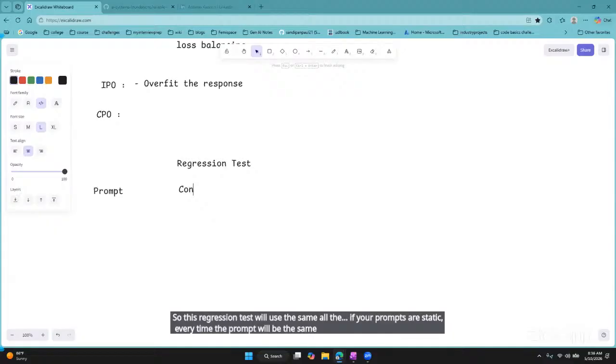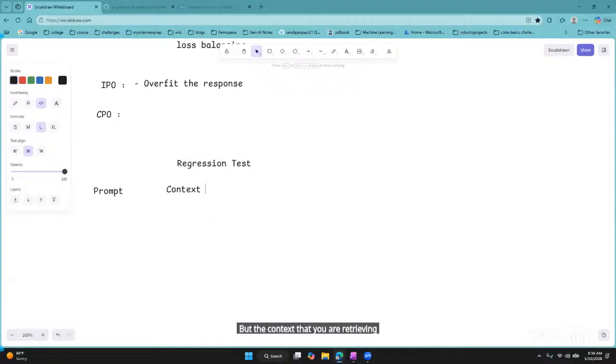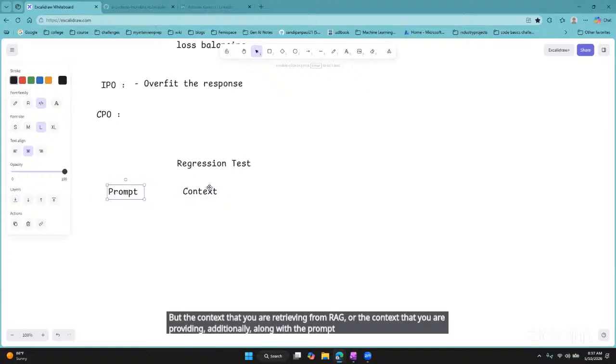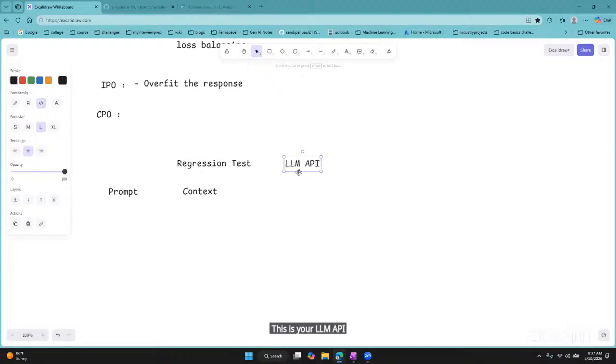But the context that you are retrieving from RAG, or the context that you are providing additionally along with the prompt, will change. Now in this regression test, you're trying to hit the LLM. This is your LLM API, and from the LLM API, you get some response.